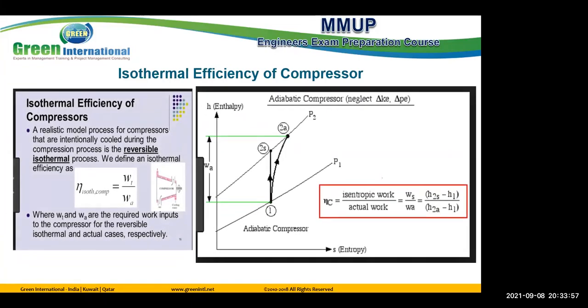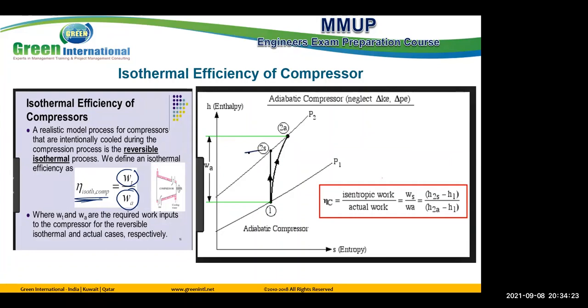What is isothermal efficiency and isentropic efficiency? This is used for the element itself. Here, isothermal efficiency for the compressor is the theoretical work divided by the actual work. So what is theoretical work and actual work? Theoretical work is the isentropic work here.